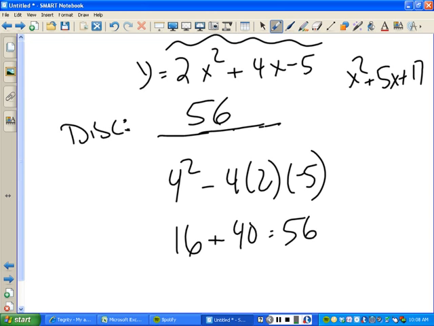Because you didn't get an i. It's not negative. 56 is a positive value. Therefore, the square root of 56 is going to be a plus and minus. It will cross twice. If this were a negative number, it wouldn't cross at all. Does everybody see that? That's what the discriminant tells us.